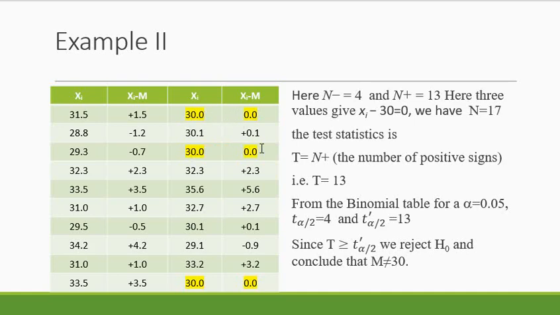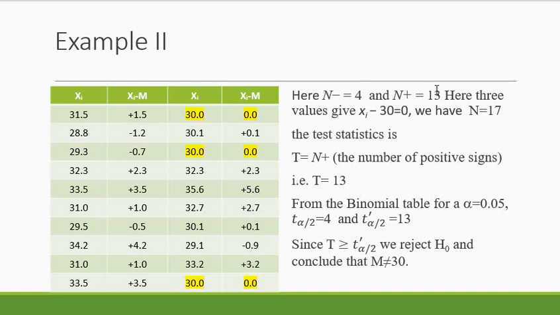So we discard these three values and we count the positive ones, since we want the positive number. This is the first one, second, third, fourth, fifth, sixth, seventh, 8, 9, 10, 11, 12, 13.